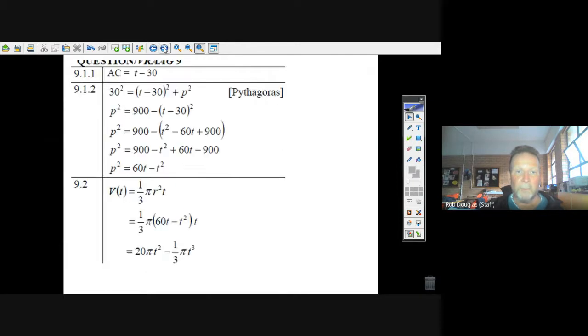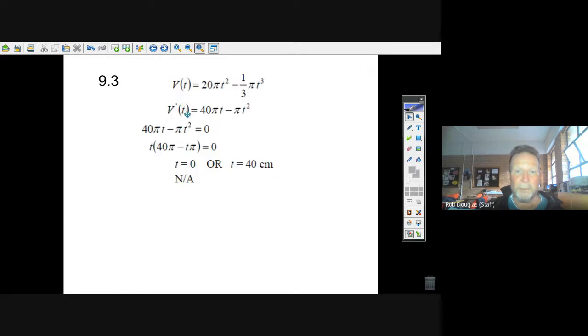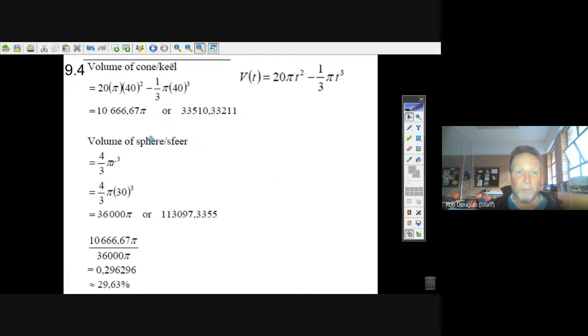Anyways, they put in 40 for T. Oops, sorry. Let's go back and take a look. Here we got it now again. We make that 40. There's the volume of the cone. But we know the sphere's got a radius of 30. But the cone, that T is the height, right? So there it is, gone in there. T, that's it. 40 cubed.